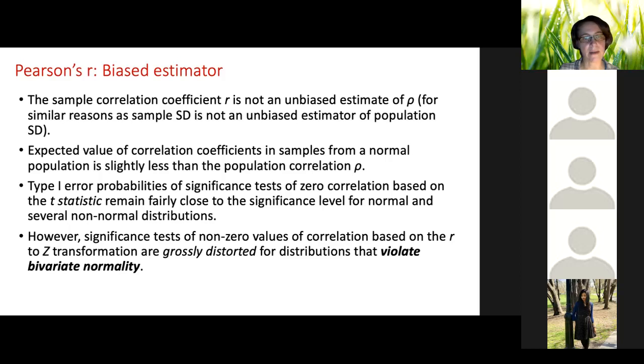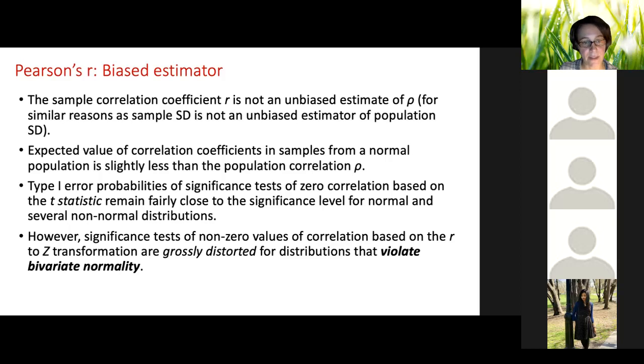So the t statistic is more robust. Not for all non-normal distributions, but if we don't have an extreme skew or other substantial deviations from the normal distribution, we are good.